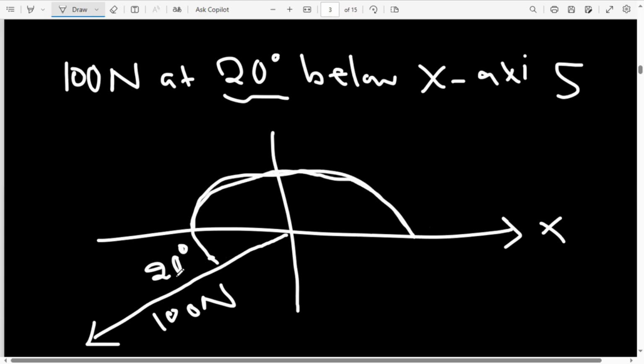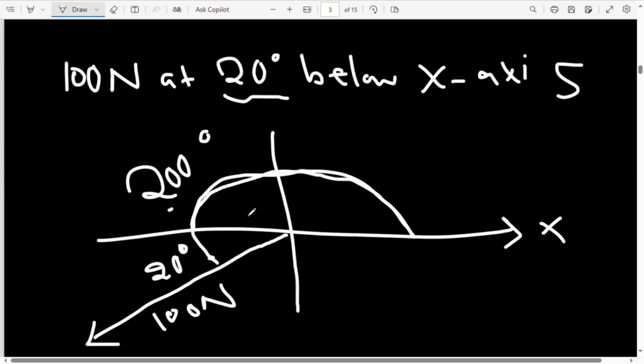So the angle here will just be 200 degrees. If you want to resolve this into its components, we are just going to use this 200 and the 100 newtons.